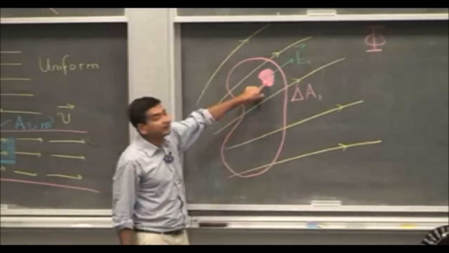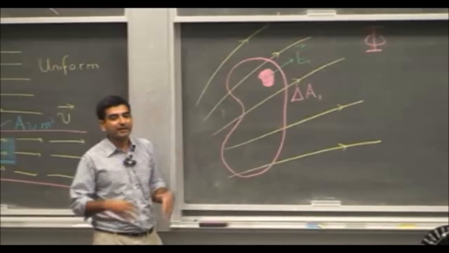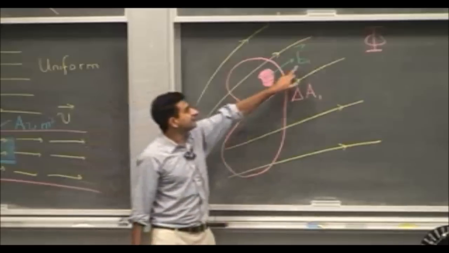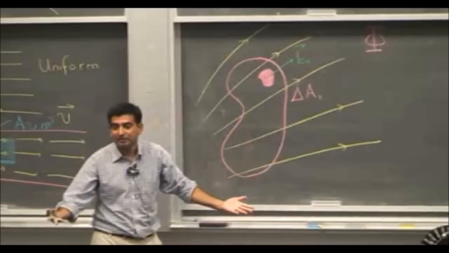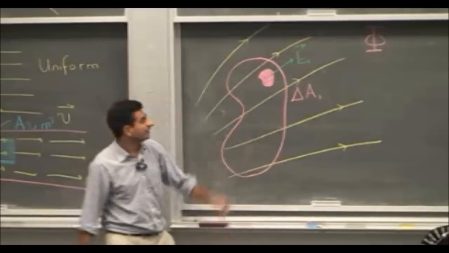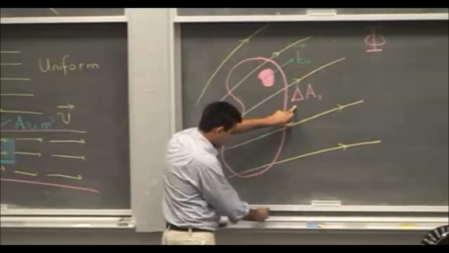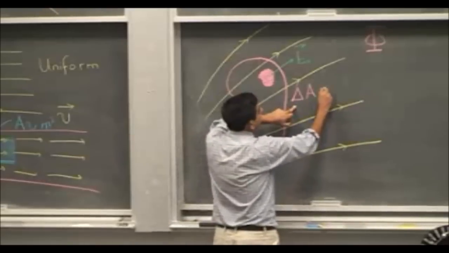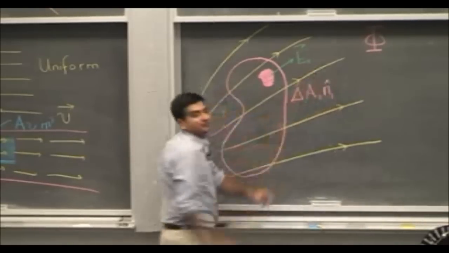Now the electric flux through this small patch is given by a dot product of this electric field and an area vector. But I have to define an area vector. The area vector has a magnitude delta A1. It must also have a direction. I represent that direction by n1 hat.